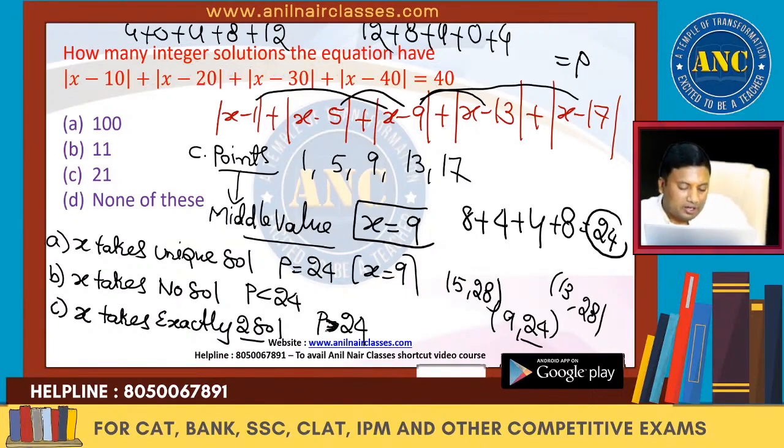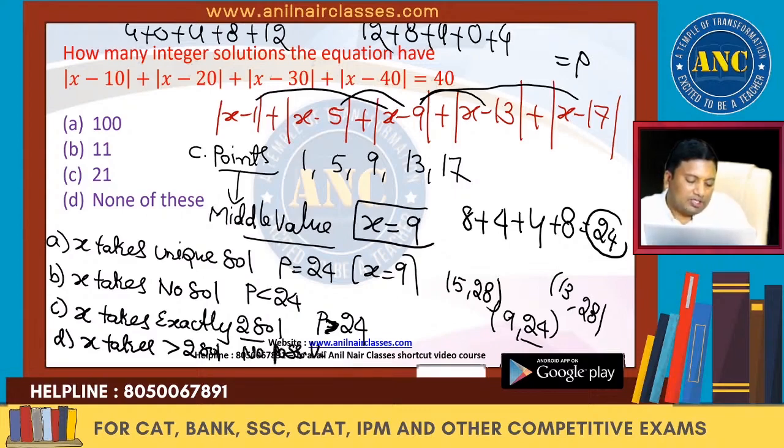I hope right now it is clear. P greater than 24. Fourth, x takes more than two solutions. This case is not possible. No possible value for p. Very, very important, sir. Once you visualize it, these are all very, very easy questions. X takes unique solution. Unique means only one value.